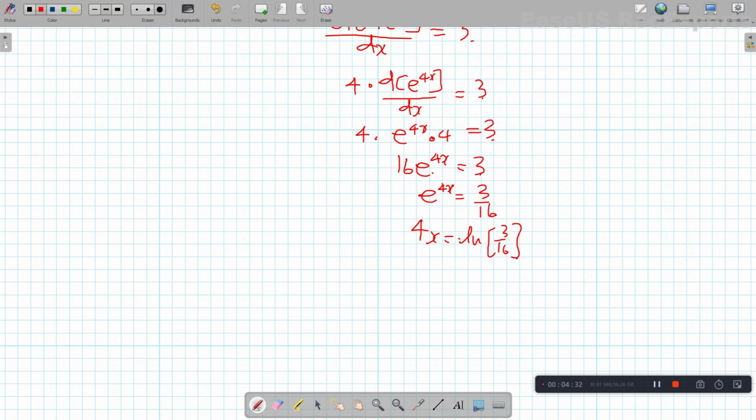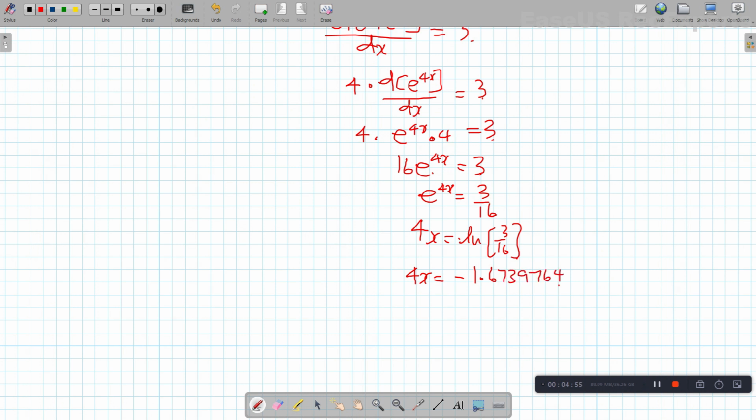Okay, and the answer for that, use calculator at this point. It is the same as ln 3 minus ln 16, but you don't have to do that. Just use calculator, and calculator will give you the answer, which is negative 1.673976.